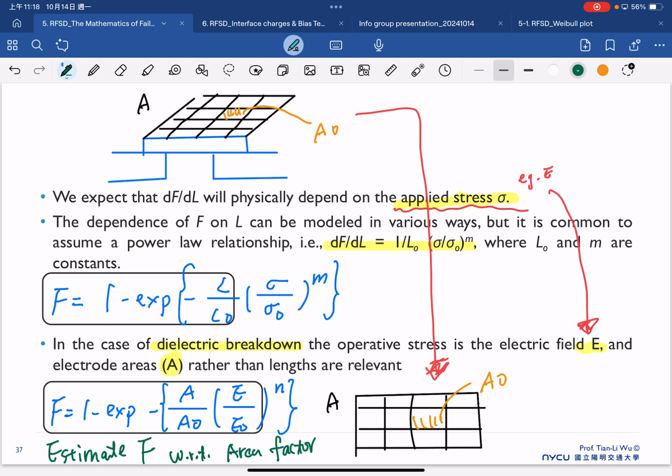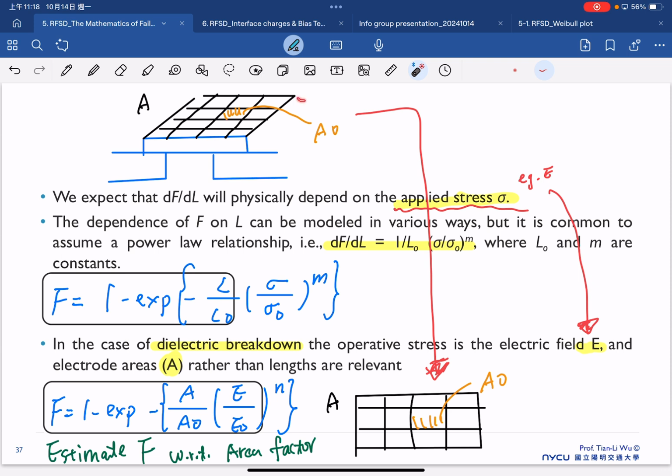So now we have a function that allows us to estimate the value with respect to this area versus that area. That gives us an additional tool to consider this area scaling here.